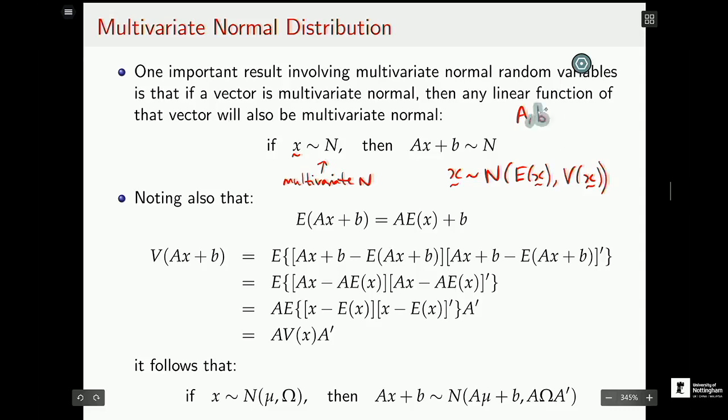So A is a matrix of constants. b is a vector of constants. So there's no randomness in those bits. It's only the x that carries a stochastic property. So we can immediately take the expectation through and write this as A times the expected value of x plus b.